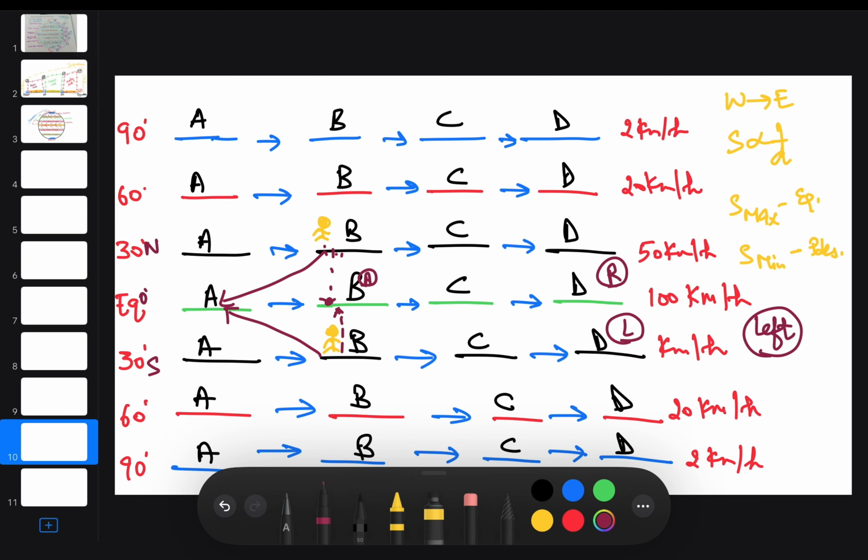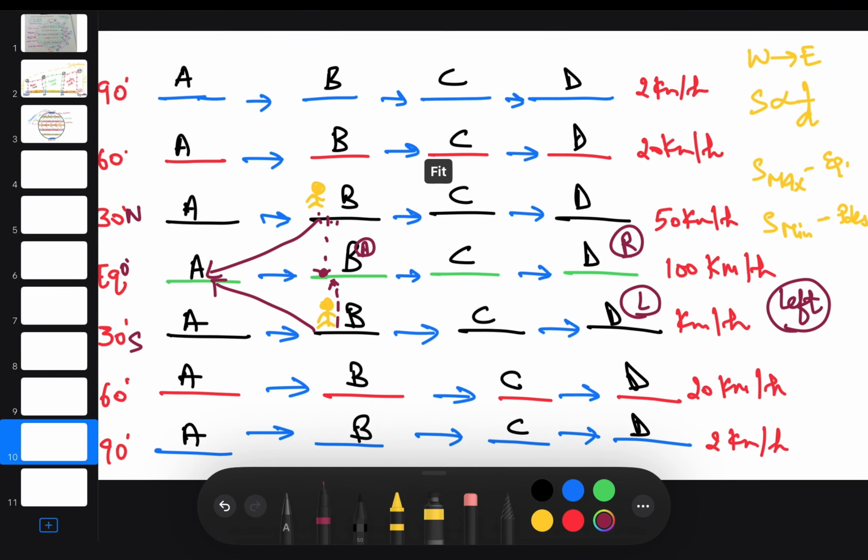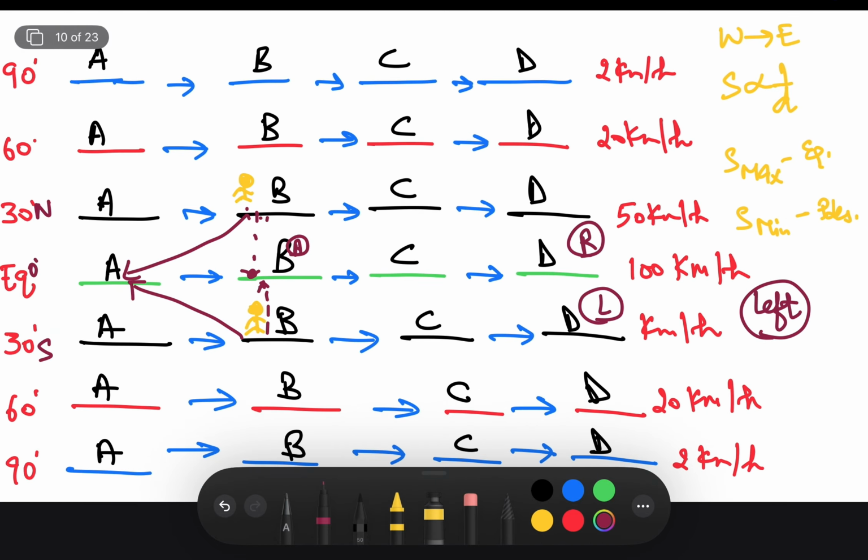Now the same person has to reach toward the 60 degrees south. When he tries to reach the 60 degrees south, he has to reach the point B, but the earth will rotate.